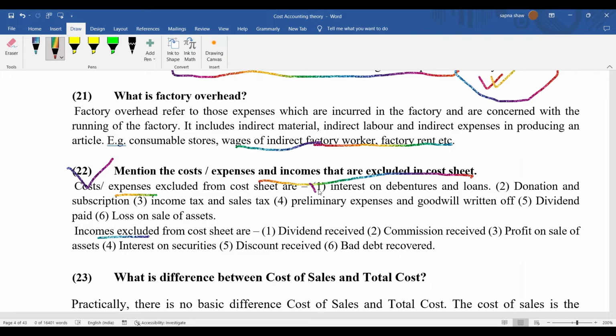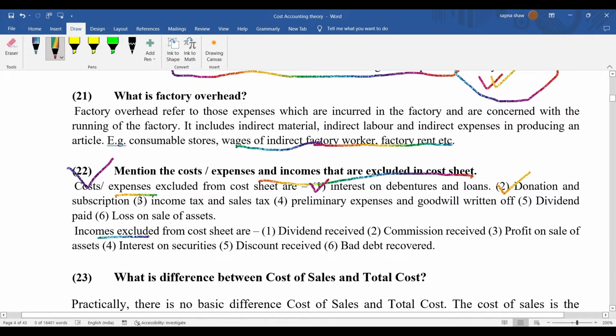First, among expenses, any interest we are paying on a loan or debenture or anything, we will not include. The next is any donation or subscription charges we are paying. Being a manufacturing unit, maybe we will have to pay some donation and subscription charges, but we do not include all these in the cost sheet.